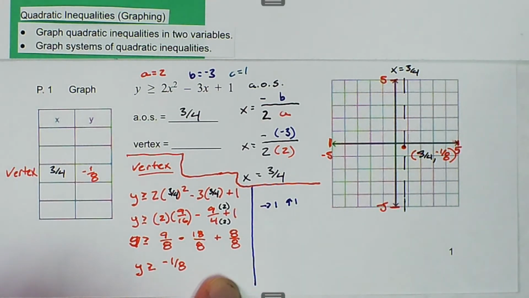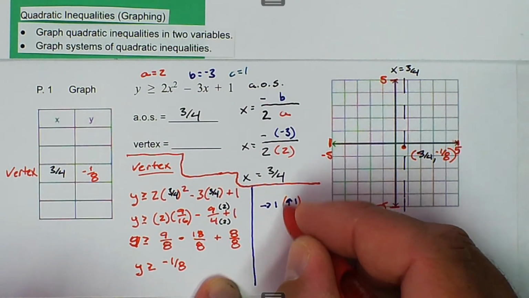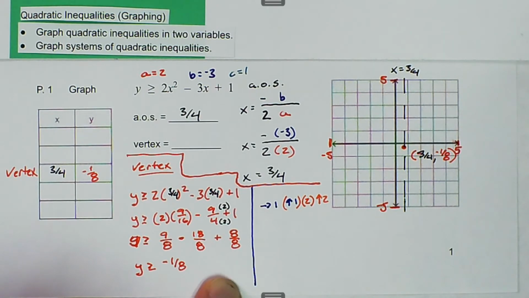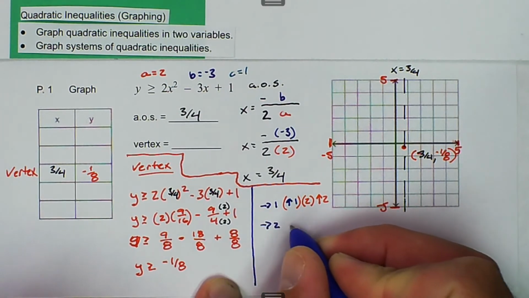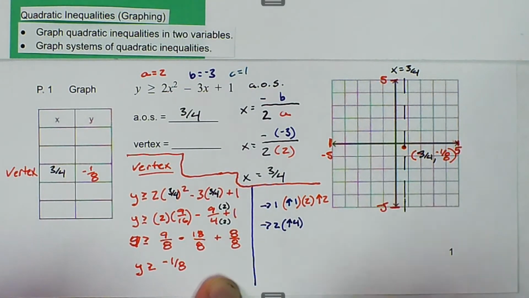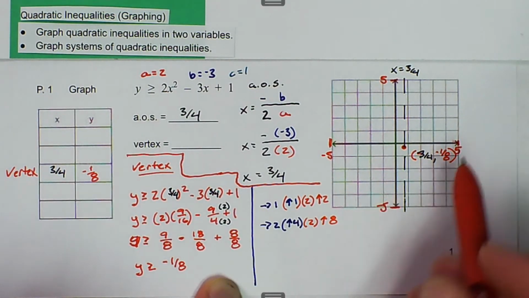But at this point, our a value is 2, so we multiply by 2, and it tells us to go up 2. Then our parent function says if you go to the right 2, 2 squared says go up 4. But now we multiply that by 2, so that tells us to go up 8. And then we can graph it that way.